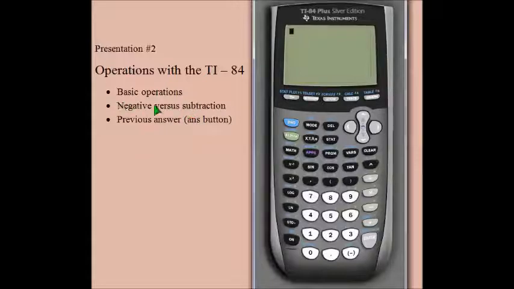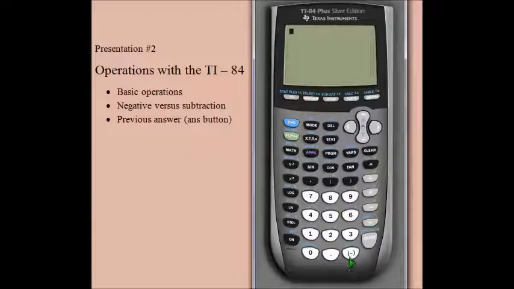Now, real quickly, the negative versus subtraction. If I want to take negative 2 plus 5, if I hit this button for negative 2, I get the previous answer minus 2. Well, I don't want that.